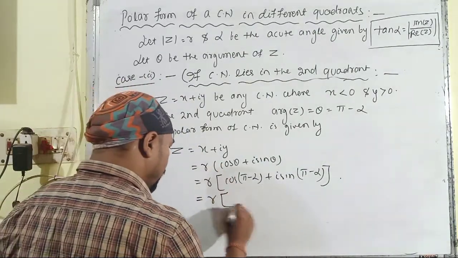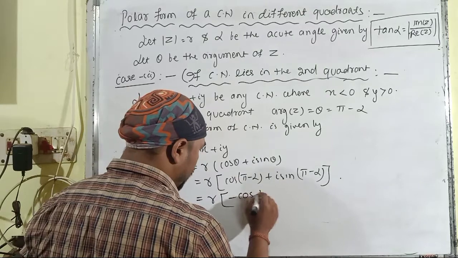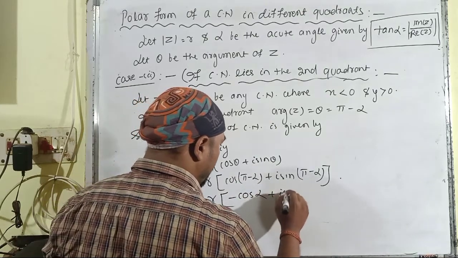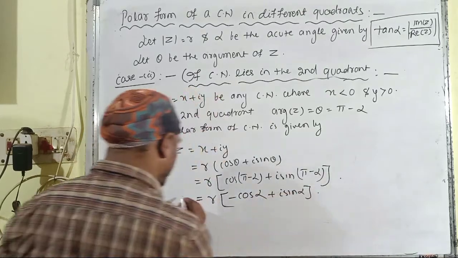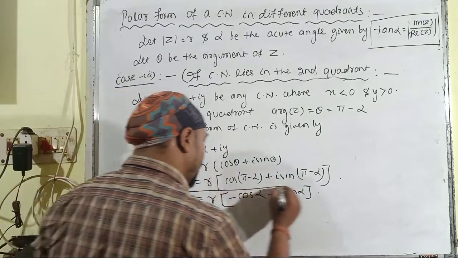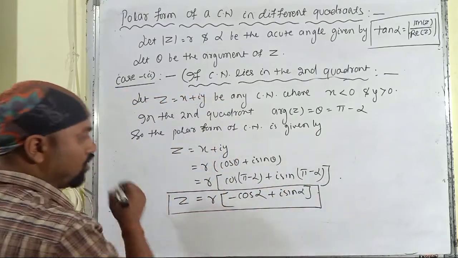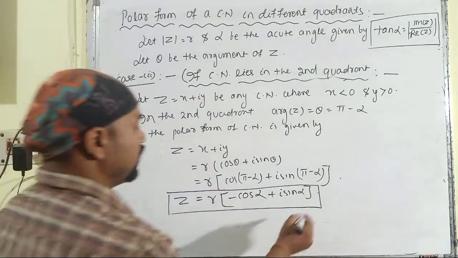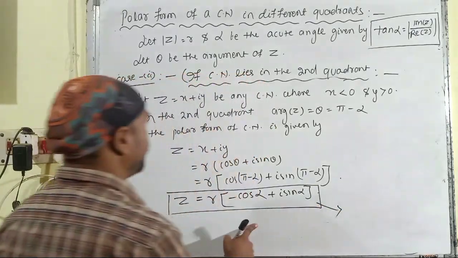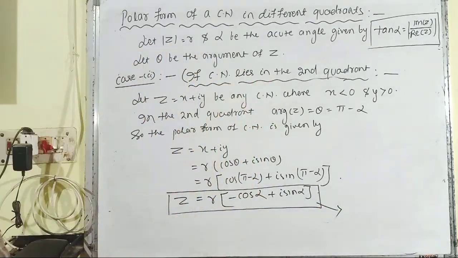After solving it, we have r (minus cos alpha plus i sin alpha), which is the required polar form of the complex number in the second quadrant.